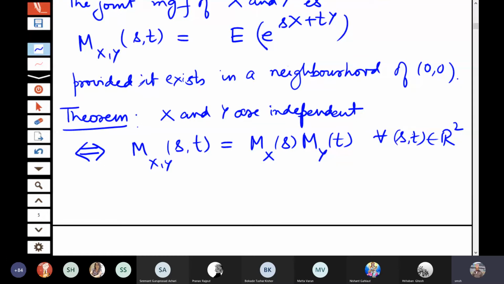I will skip the proof here. Of course, it is not very complicated, but it is not required at this point. So I will just skip that. And actually, the applications are more important here.